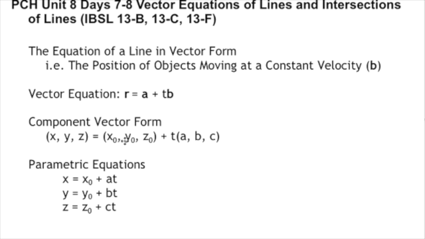And then we can also break that down into parametric equations. And this, as you'll see, will help us be able to determine if the paths intersect and also whether or not the objects meet.